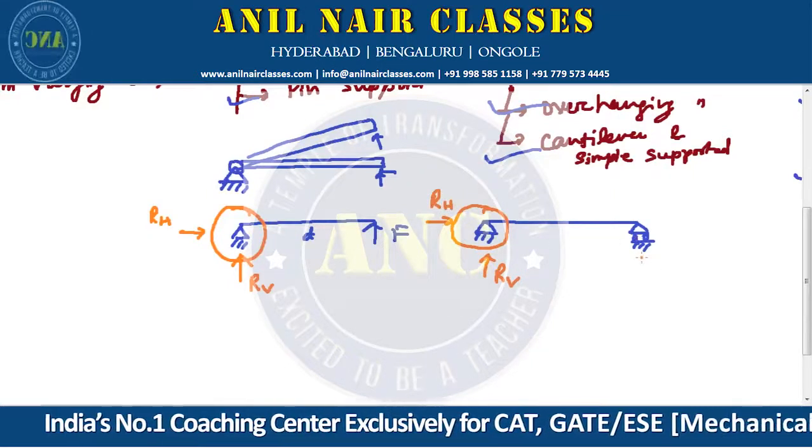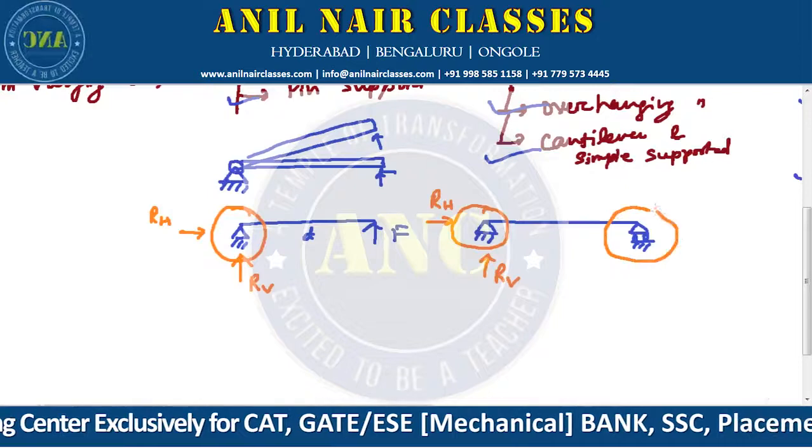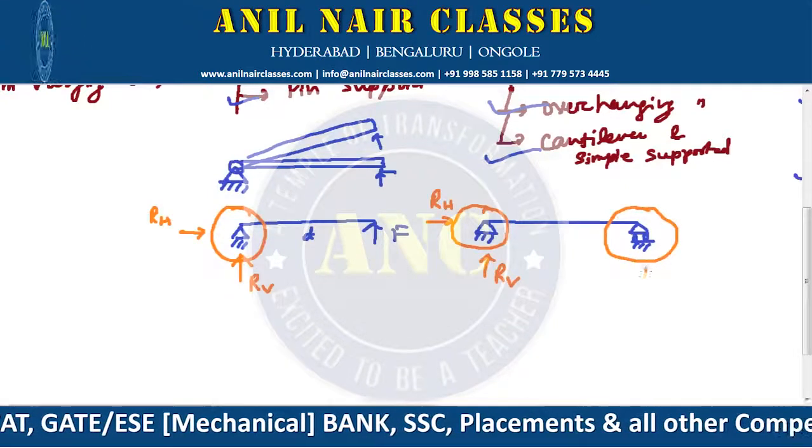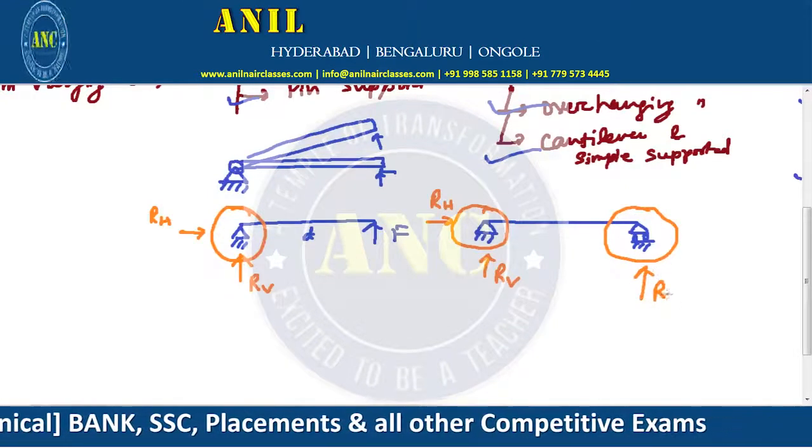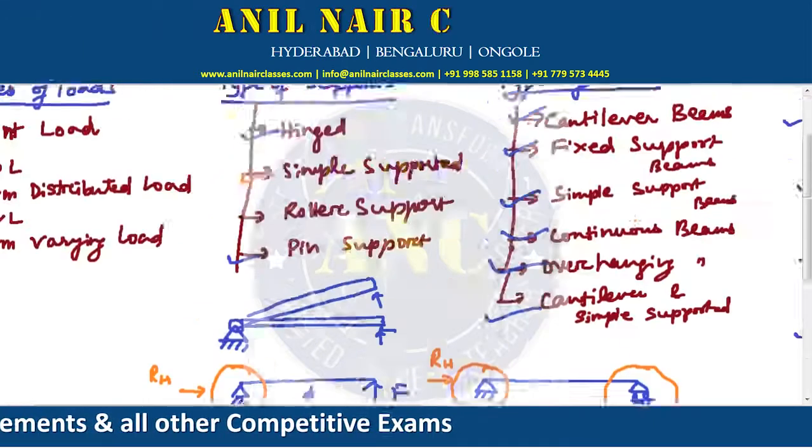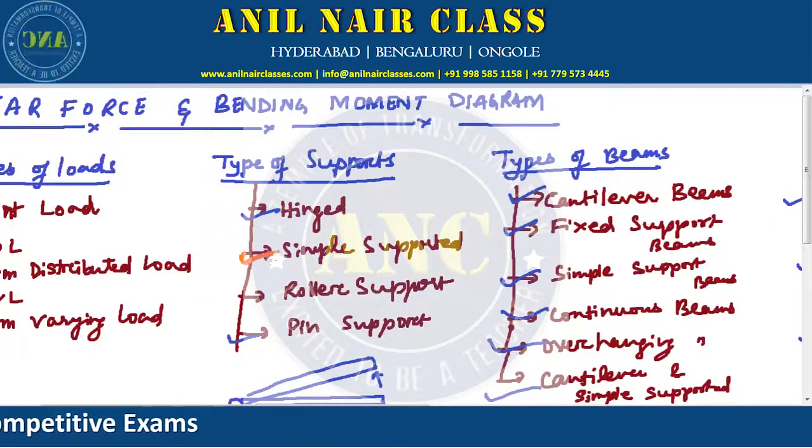Similarly, in the case of the roller support, when I change it to a free body diagram, this will be a vertical reaction again. So this was simply supported.